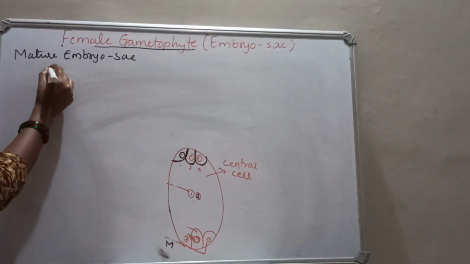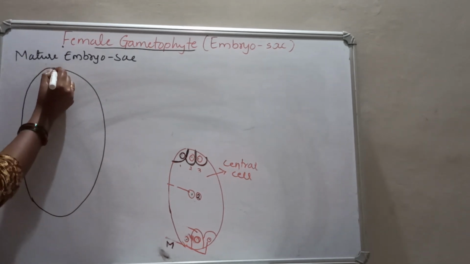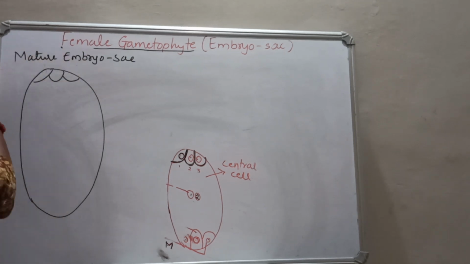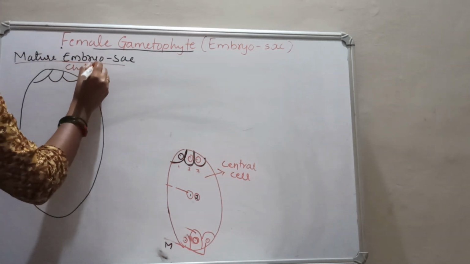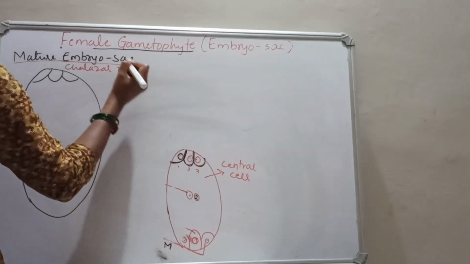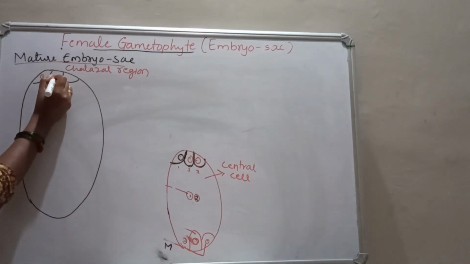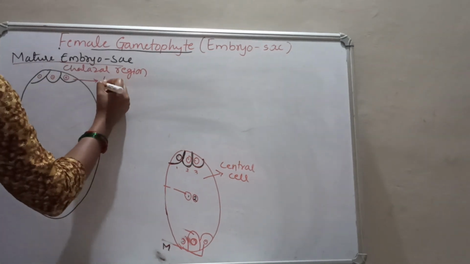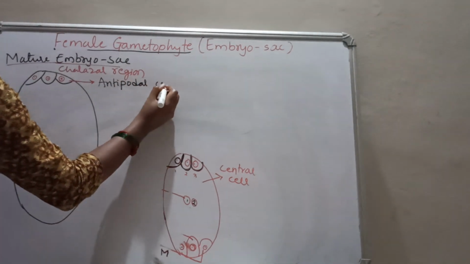Here is the embryo sac. The 3 cells present at the chalazal region, or chalazal end region, are called antipodal cells.